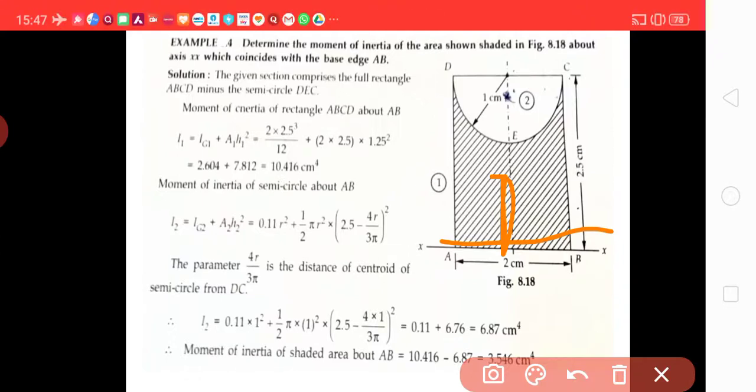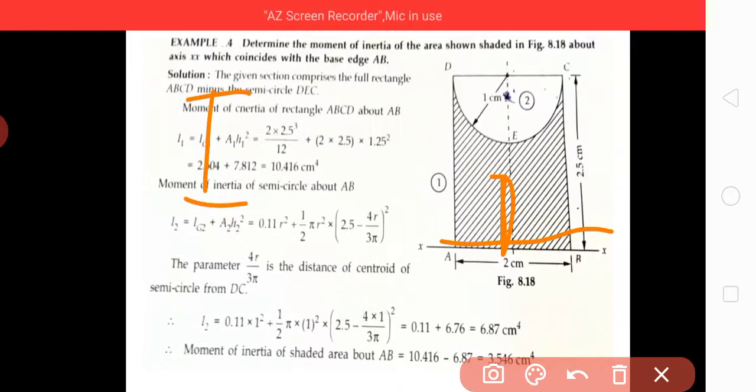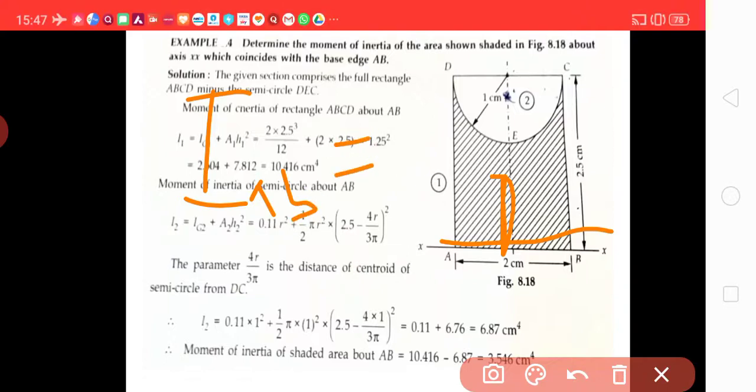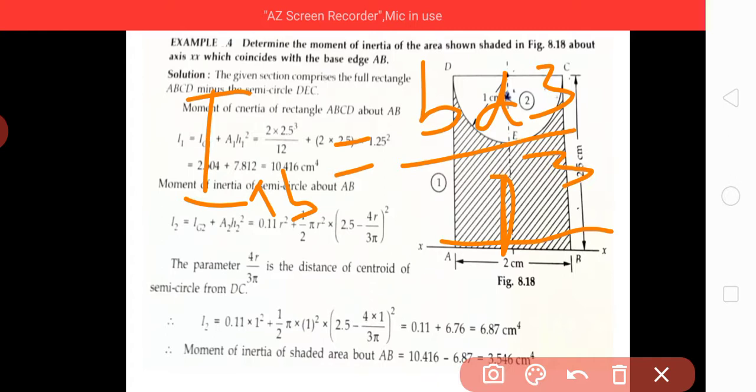10.416 centimeter to the power 4. You could have found this out directly also: I AB will be bd cube by 3 for a rectangle, and by the method of integration, from 0 to h, you would get this.